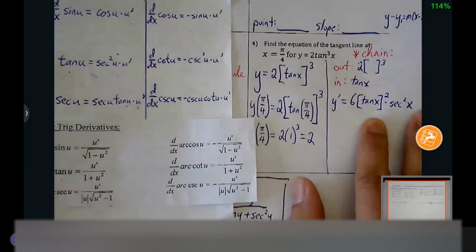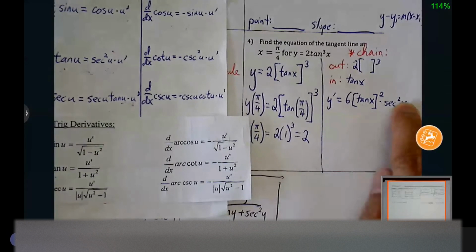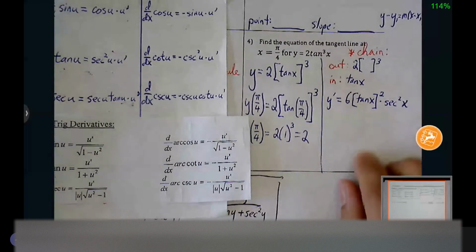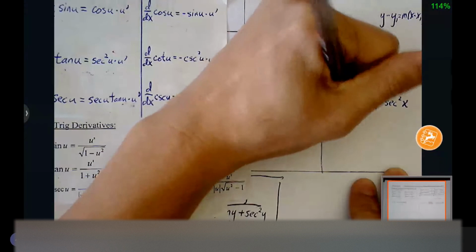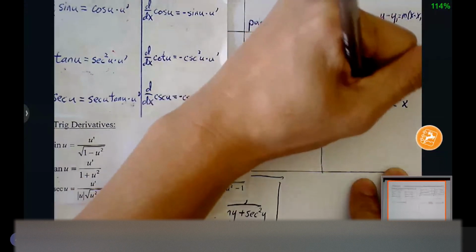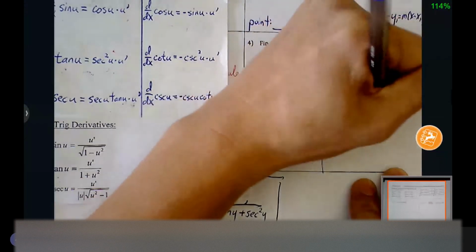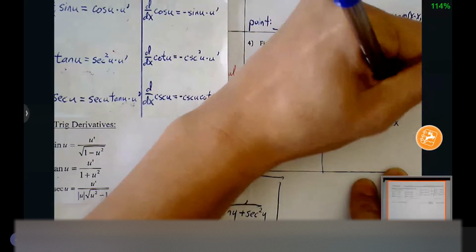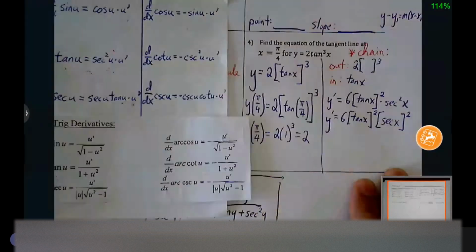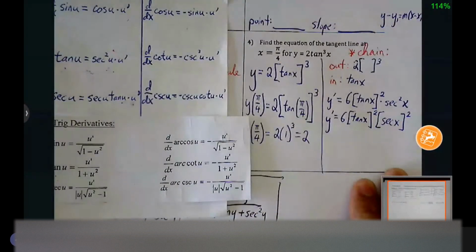Next up, we need to find the slope. But I think something that can be helpful is let's get that secant rewritten as well. Replace all the x's with pi over 4.